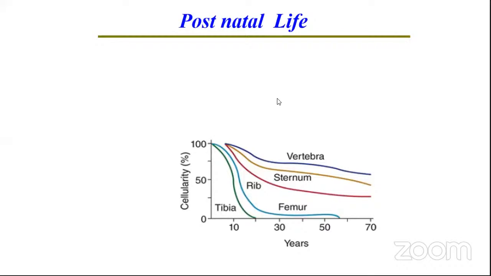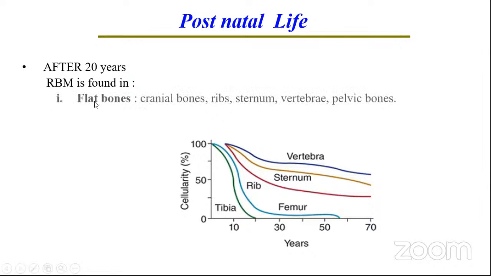As I told, in postnatal life, before 5 years of age, all the bones produce RBCs, and later they are infiltrated by yellow fatty infiltration. After 20 years, the red bone marrow is mainly found in the flat bones, that is the cranial bones, ribs, sternum, vertebrae and pelvic bones.